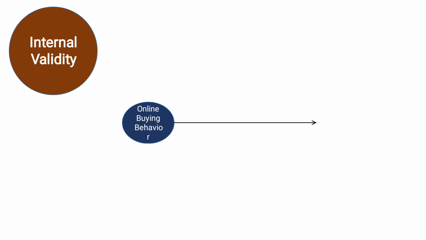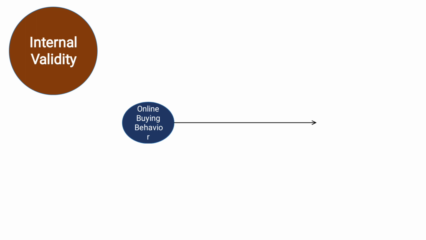So what exactly is internal validity? We'll discuss it with an example. Here is the example. The independent variable I have taken here is online buying behavior.